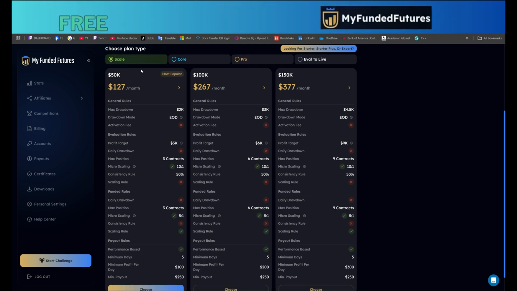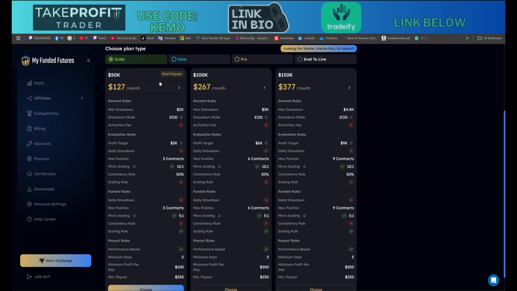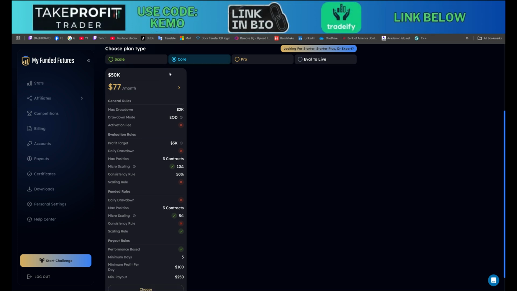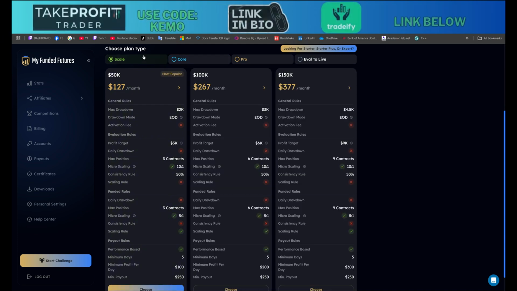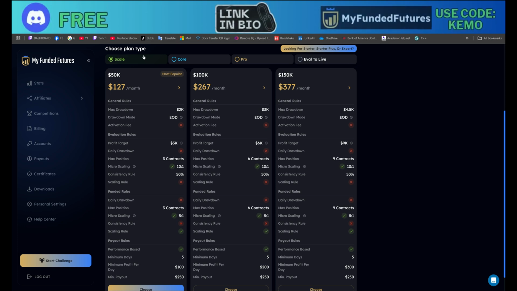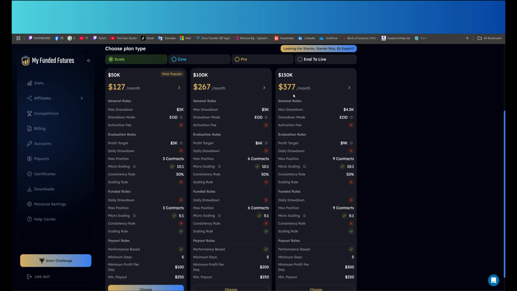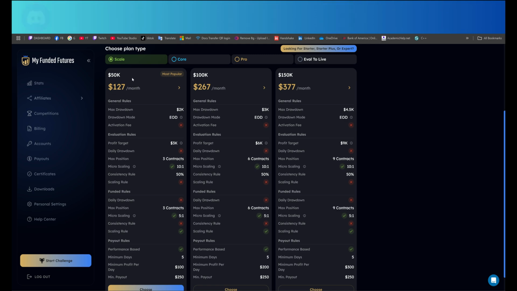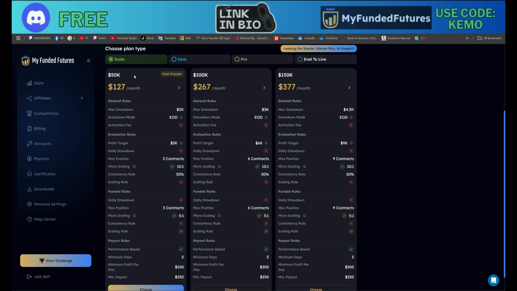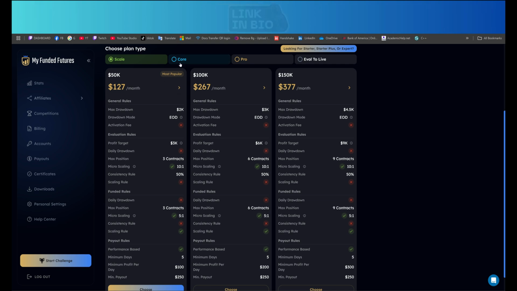As I said before, I'm going to specifically focus on the 50K accounts only, so we're looking at one account size. You can always compare that to the 100K or the 150K, but I'm just giving you the main concept and the rule changes. So let's get started.